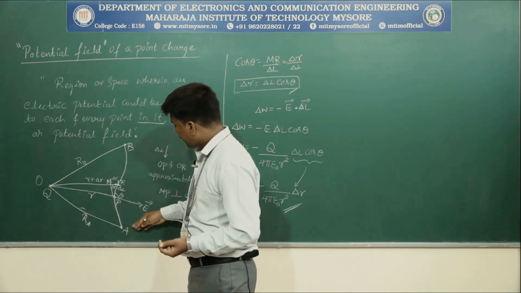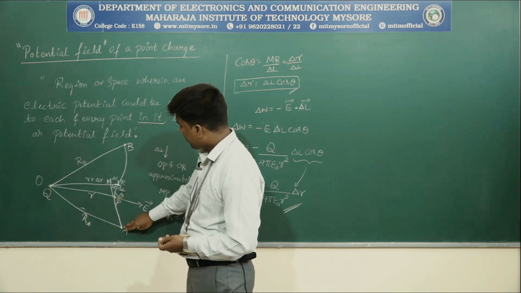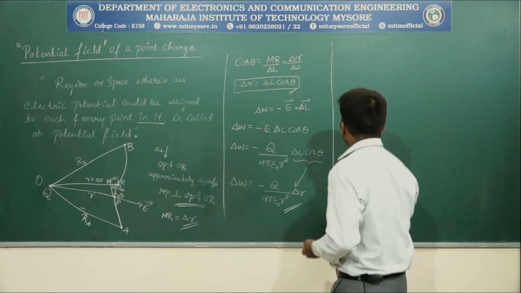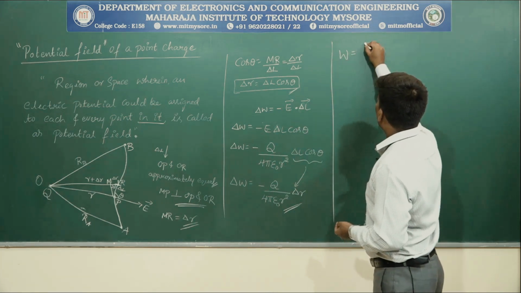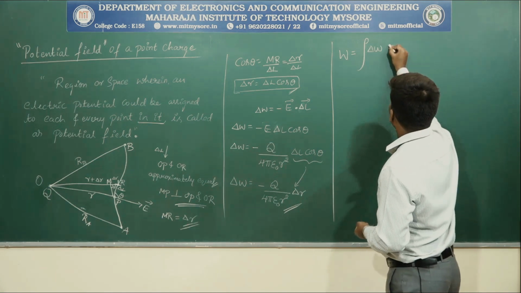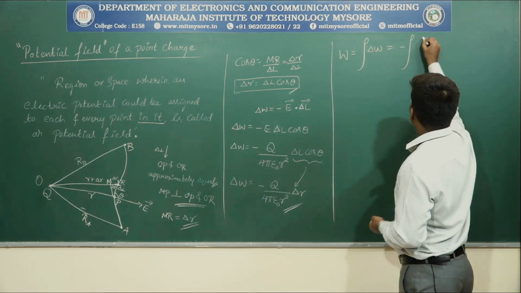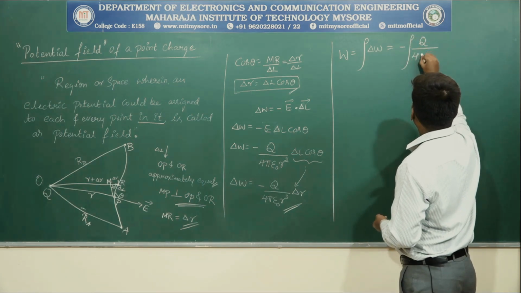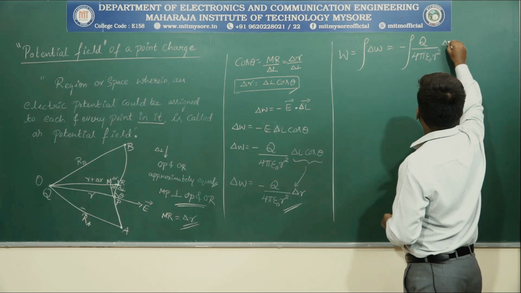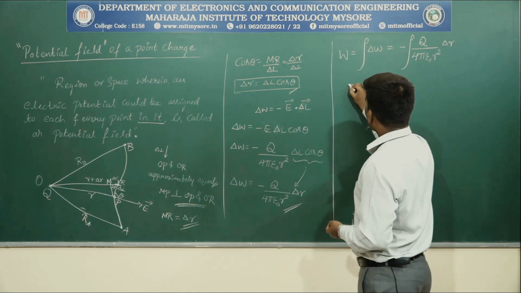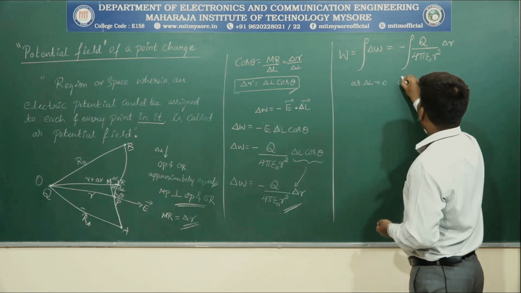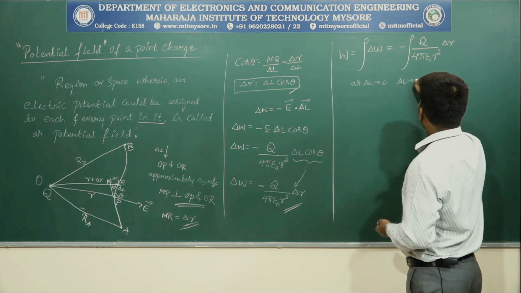Now in order to push a unit positive charge from A to B, we need to integrate all the elementary work done, right? That is, the total work done W is equal to integration of all the elementary work done components, that is minus of integral of Q divided by 4 pi epsilon naught into R square into delta R. Now we know that as delta L tends to 0, delta L becomes dl.